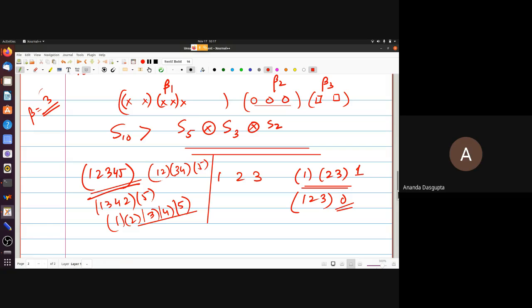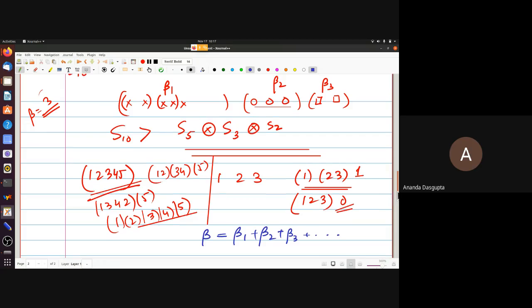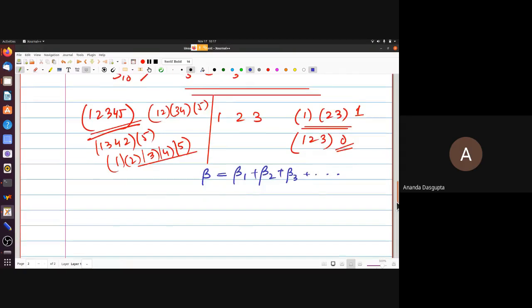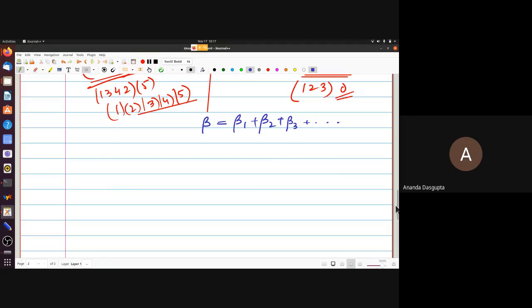They can come from any one of these subgroups, S5, S3, or S2. But the important restriction is, whatever beta you have must be equal to beta 1 plus beta 2 plus beta 3 and so on. That's sort of trivial, right? Is this okay with everybody?